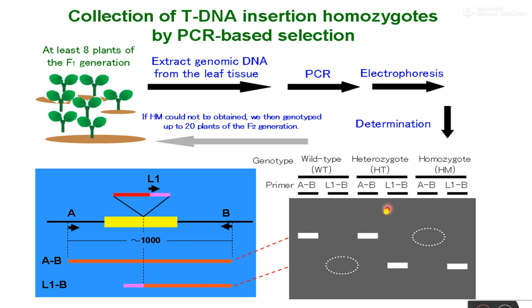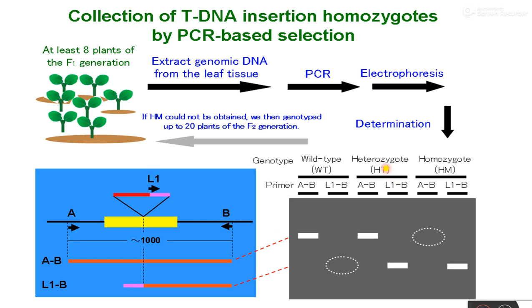But with that band we are also getting another amplified product due to the presence of mutated genes in another chromosome of the homologous chromosomes, right? And that band is due to the amplification from the L1 region to the B region, right?